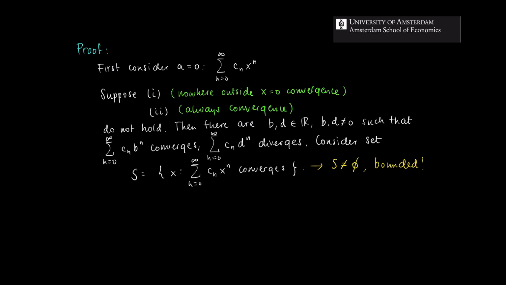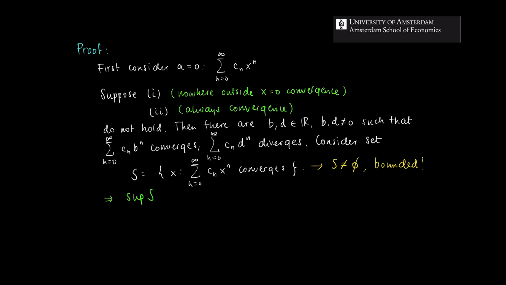So this set is bounded. All the elements x for which the series is converging should have an absolute value smaller than or equal to the absolute value of d.